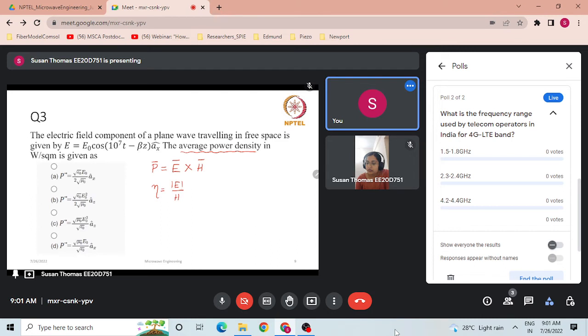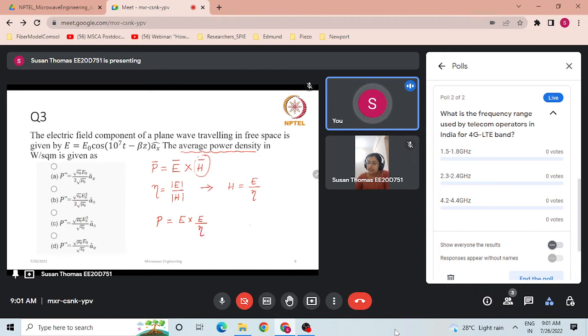So from this we get H is equal to E by eta. So I can replace H here. So P, or the power, can be written as E cross E by eta.